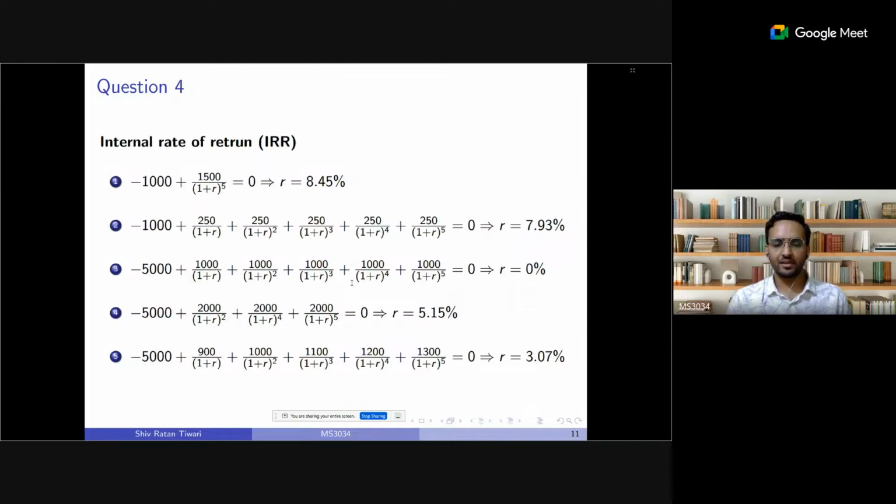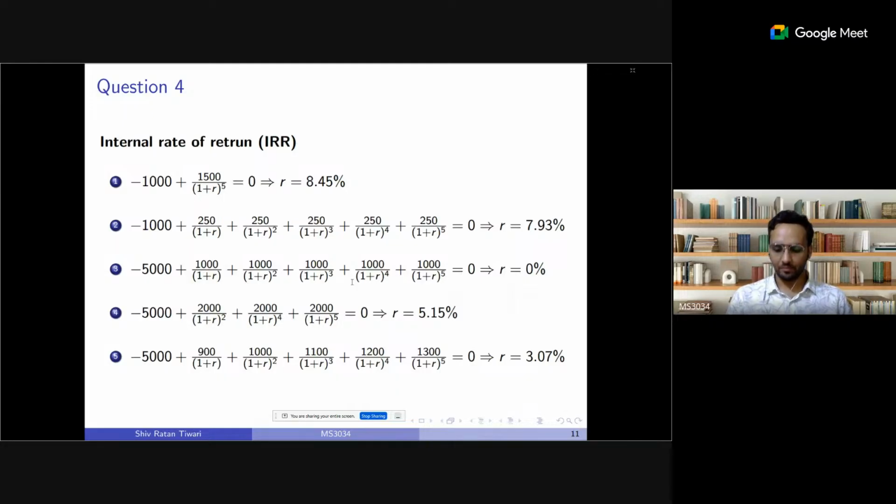So here we observe that if my cash flow is in the form where I pay an upfront cost and then I get some positive cash flows, then NPV and IRR would result in the same selection or decision.